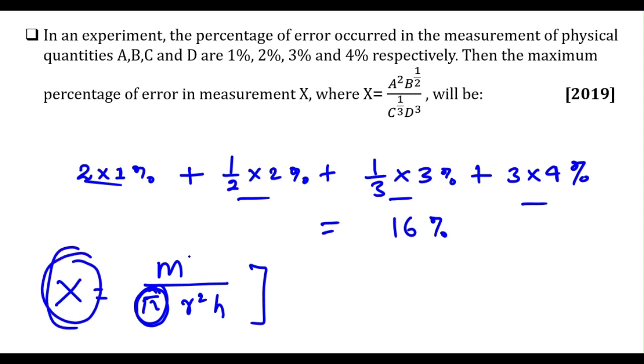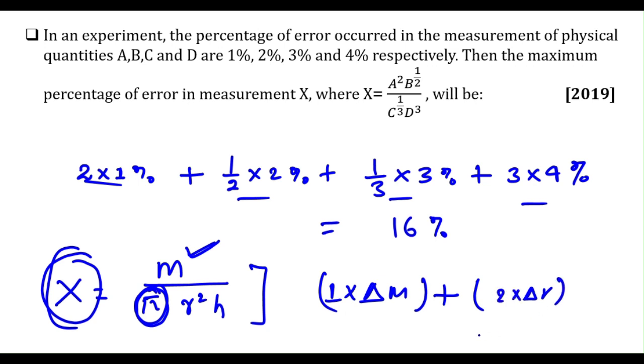The percentage error in each case, we multiplied with their corresponding powers, and then we added them. So whatever be the percentage error in mass, we multiply with 1, then percentage error in radius, we multiply with 2, and percentage error in length or height, we multiply with 1, or actually we need not multiply with 1, we write it as it is.